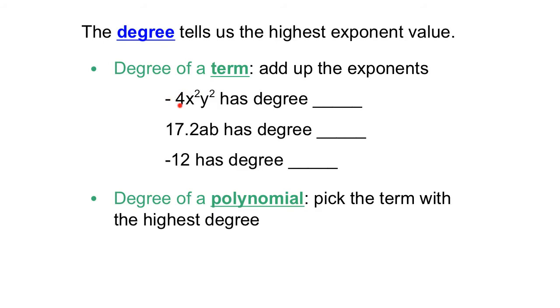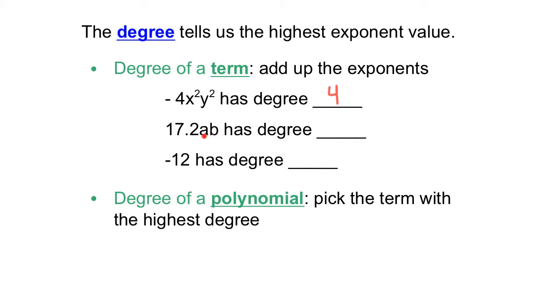So here's some individual terms. And I want to know the degree of each term. I'll have to add up the exponents. In this term, the exponents are 2 and 2. So that's a total of 4. So this has a degree of 4. The next one, 17.2ab. Well, I don't see any exponents. Does that mean this has a degree of 0?